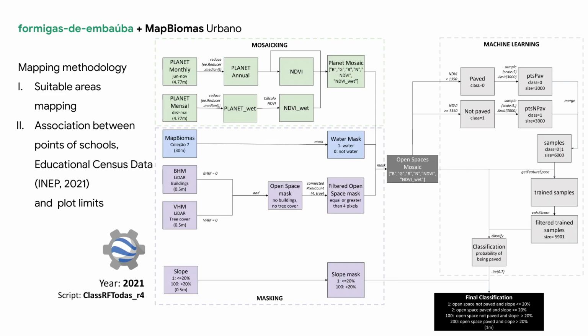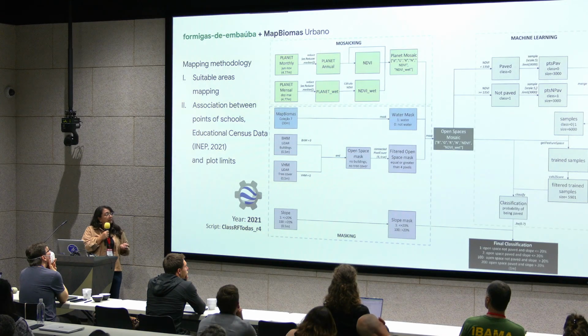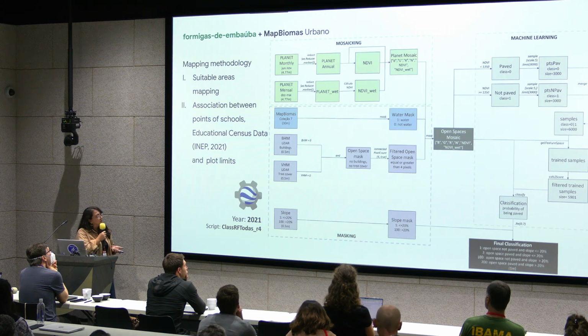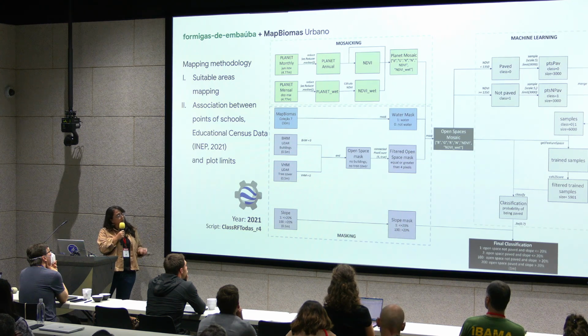Then we did what most of us here do. We built a machine learning process using Google Earth Engine. We gathered all available data to build masks. From Map Biomass, we built a water mask. From LiDAR data, we built buildings and tree cover masks, and we also used LiDAR data to calculate slopes.